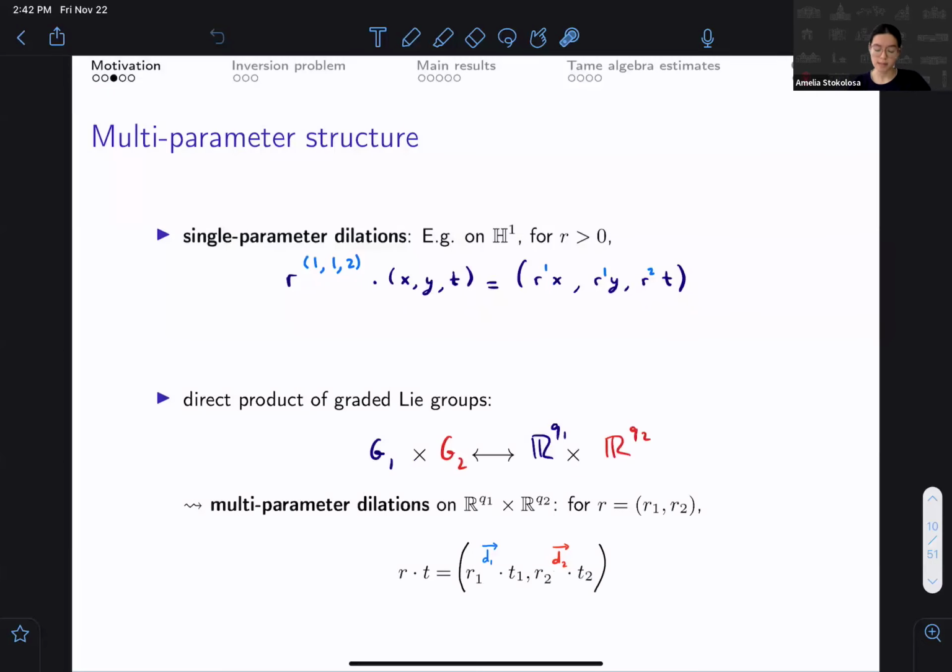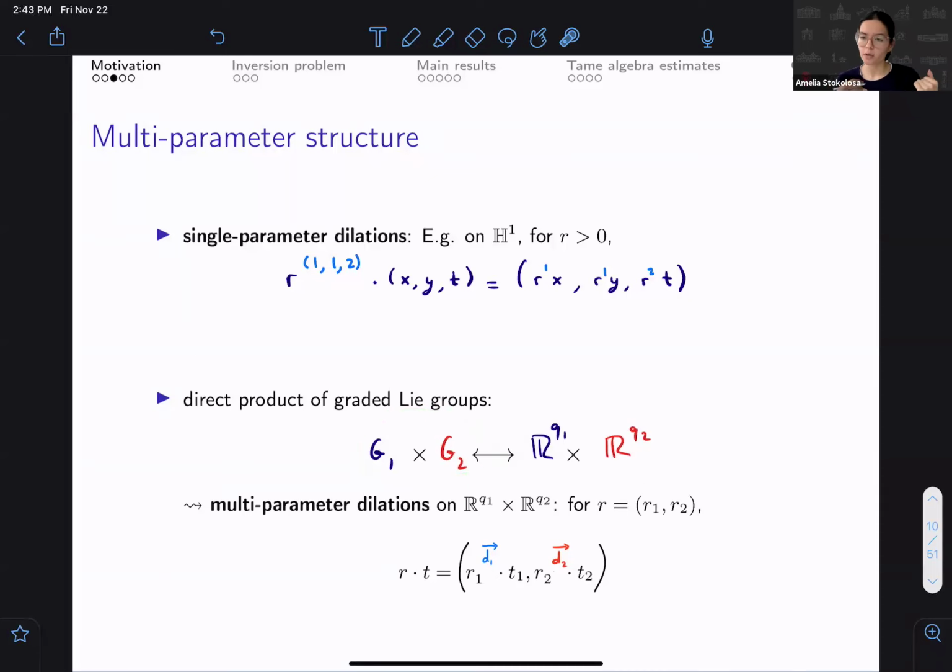With these single parameter dilations, you can define multi-parameter dilations. To focus on the key ideas and not get too caught up with the details, we're going to focus today in this video on the two-parameter setting, the biparameter setting. So we're looking at two graded Lie groups, and we're taking the direct product of two graded Lie groups.